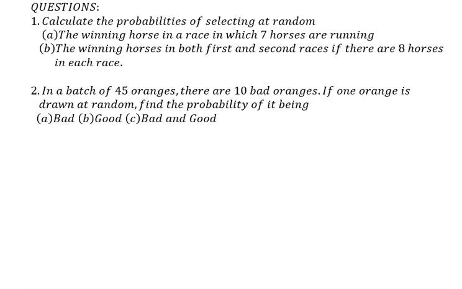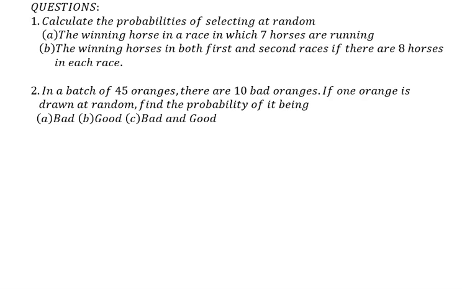We have two questions here. Question number 1. Calculate the probabilities of selecting at random: A, the winning horse in a race in which 7 horses are running; B, the winning horses in both first and second races if there are 8 horses in each race.